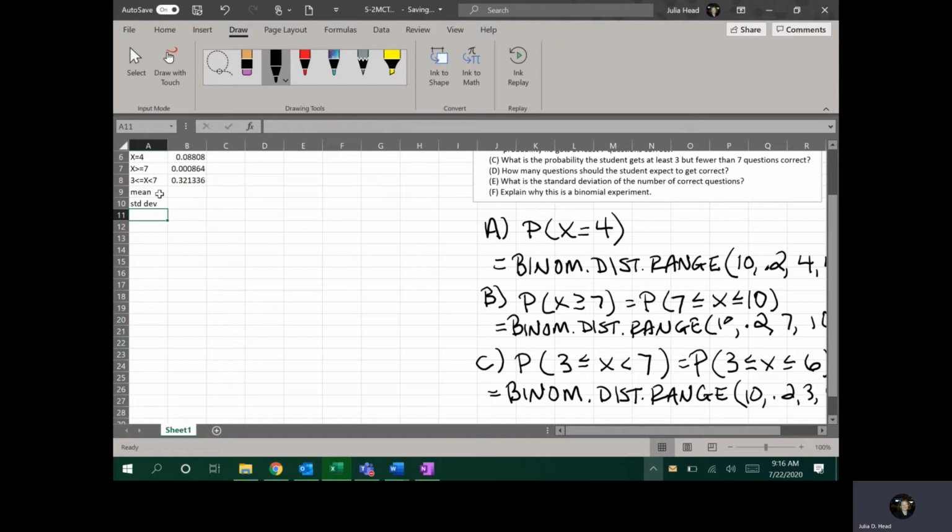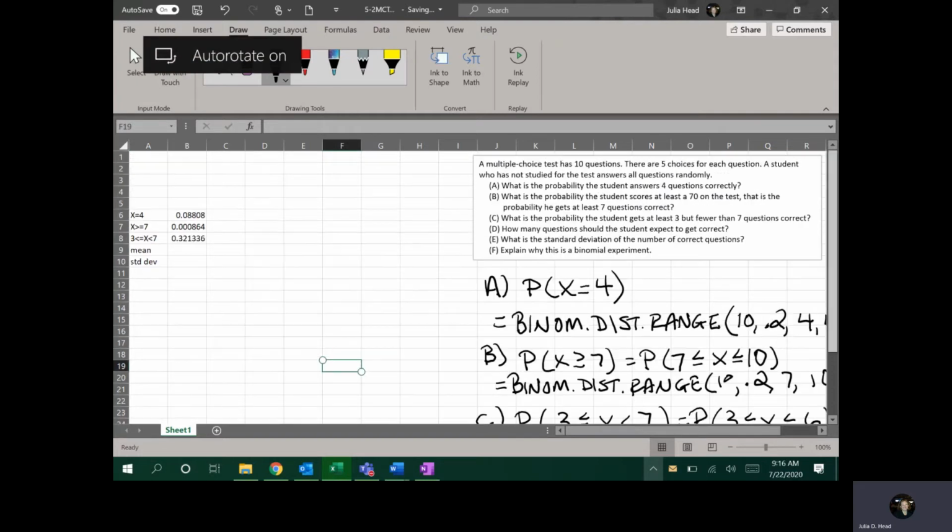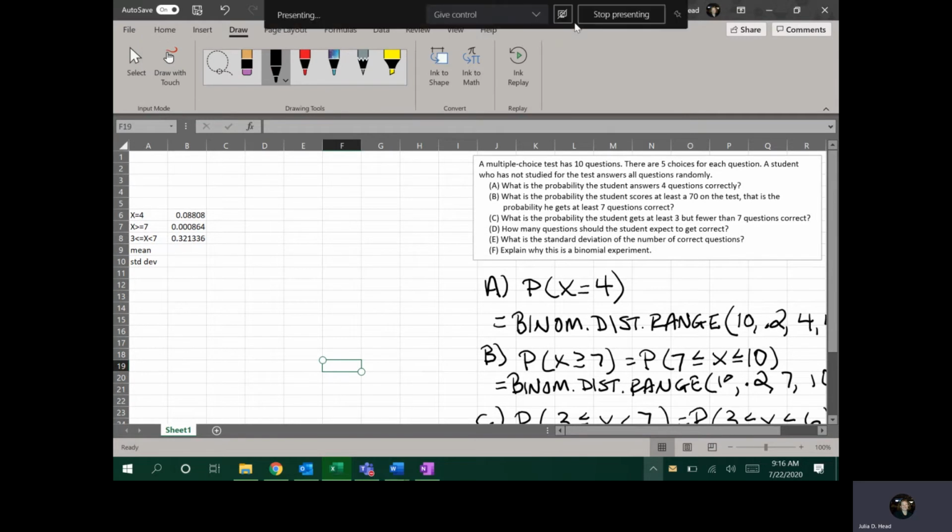So for part D, how many questions should they expect? And expect is a nice keyword telling you to find the mean. Because I know I'm going to run out of space, I'm going to move these.